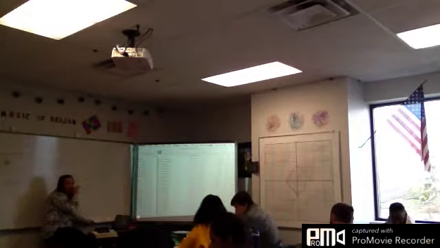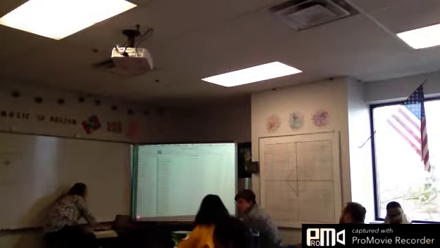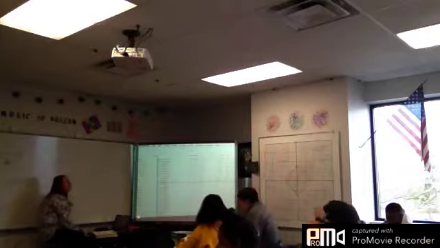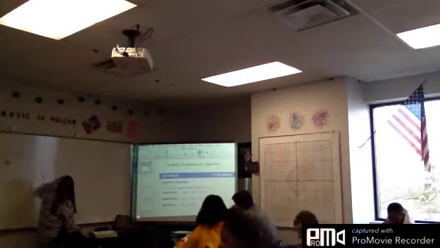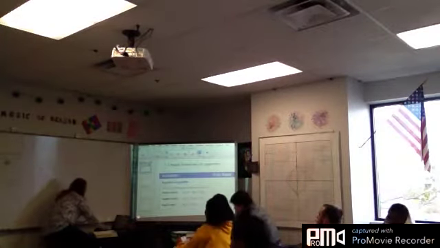Okay, 7.5 talks about applying properties of logarithmic functions. Talk to me a little bit about what you know about powers. If you have 7 squared times 7 cubed, what do you do?